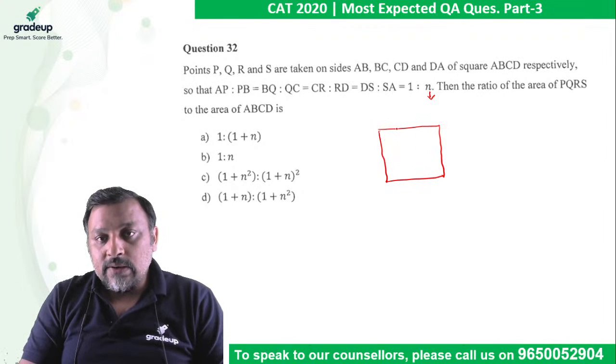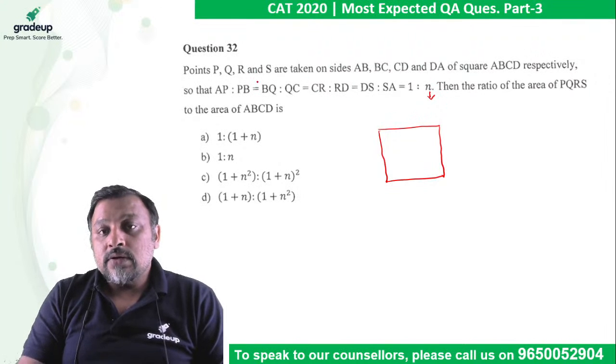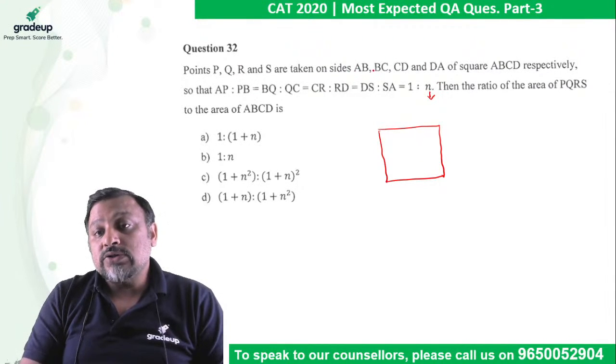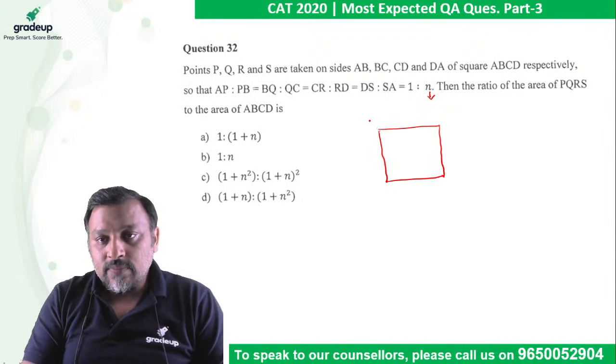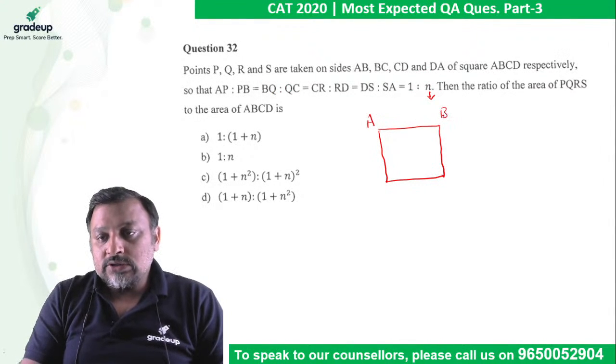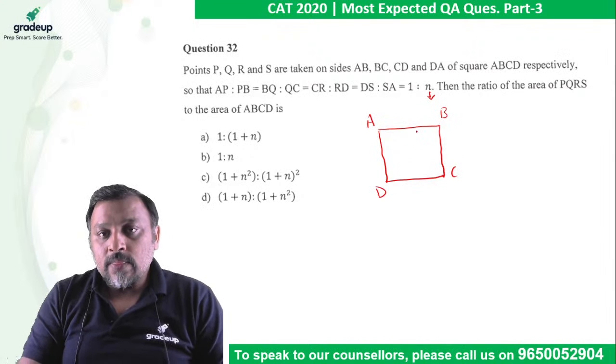So this ABCD is a square. Then there are points P, Q, R, S on these sides, and the ratio of AP is to PB, BQ is to QC, all these ratios are given same and they are 1 is to n. So let us draw a square ABCD and let us take points.